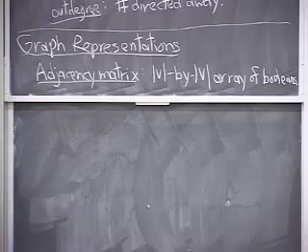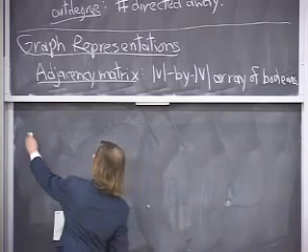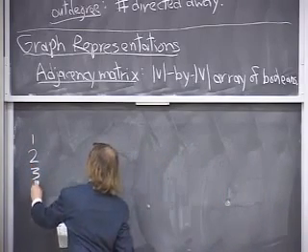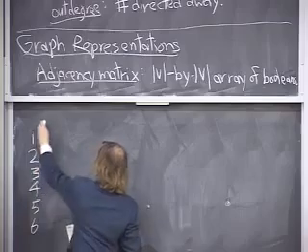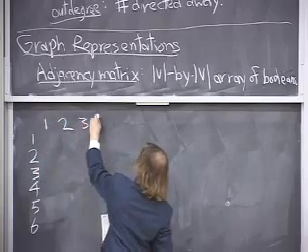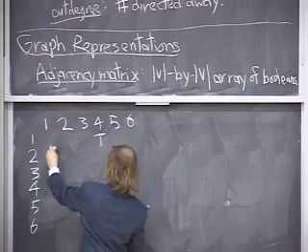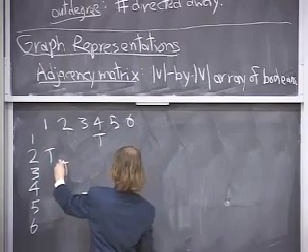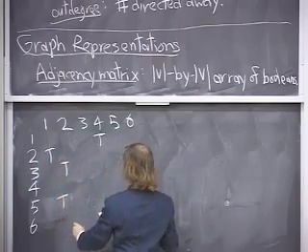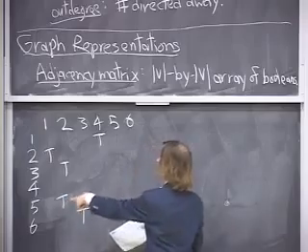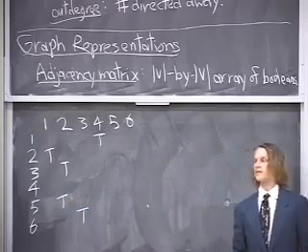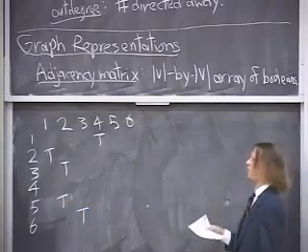And so here's an example of the adjacency matrix for this graph. I will number the rows. I will number the columns. And then I put trues in any column where there's a directed edge going from the number on the left-hand side to the number on the top.